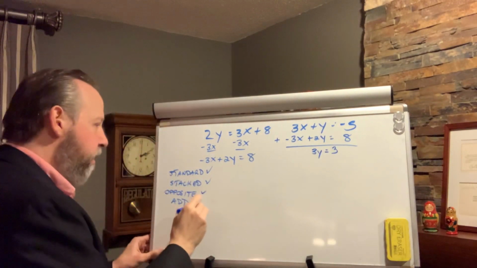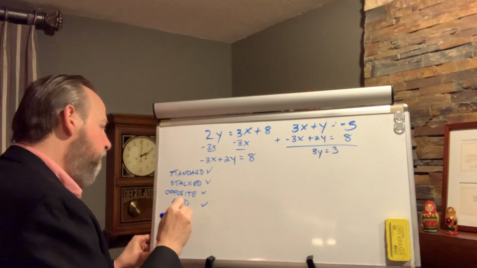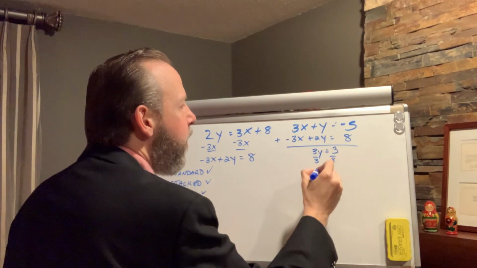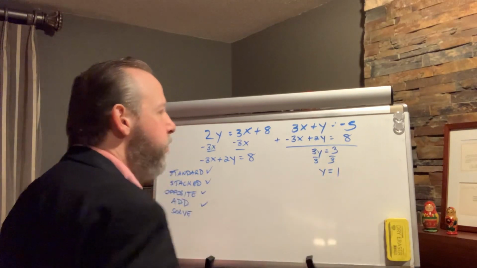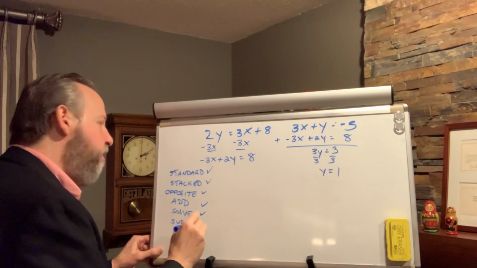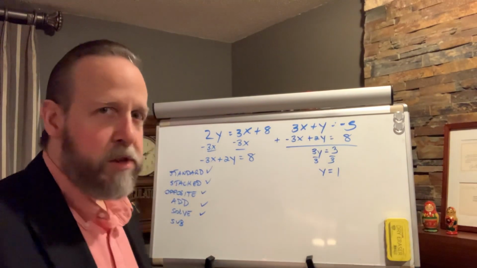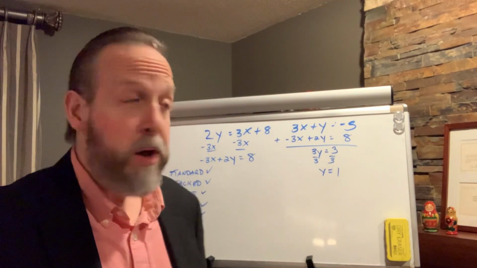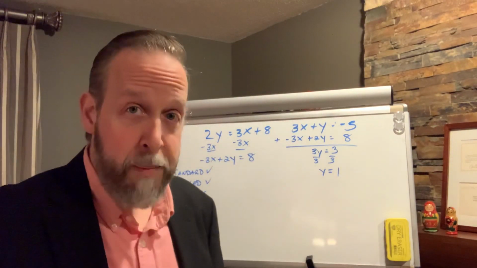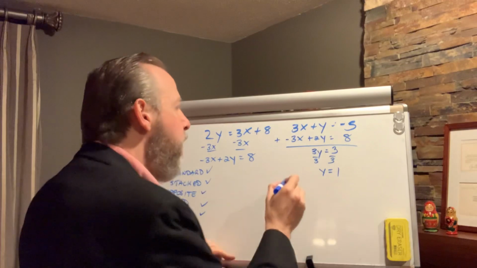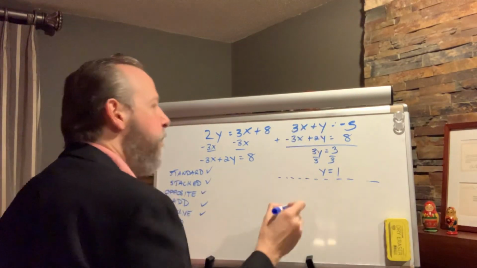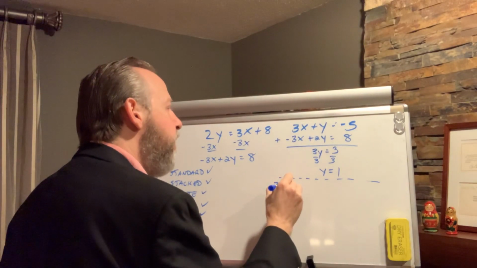All right, I added. Now I have to solve. Divide both sides by 3, and y equals 1. Good, solved. Now I have to substitute that back into one of the original equations. Doesn't matter which one. It could be this one or that one or the one we changed. It really won't matter. Just pick one. I'm going to choose the one on top here, 3x plus y.